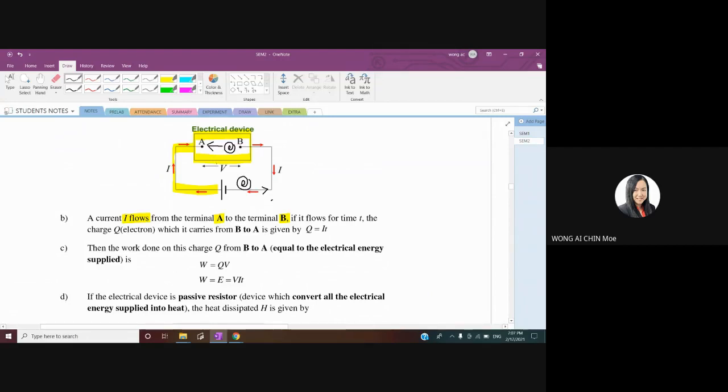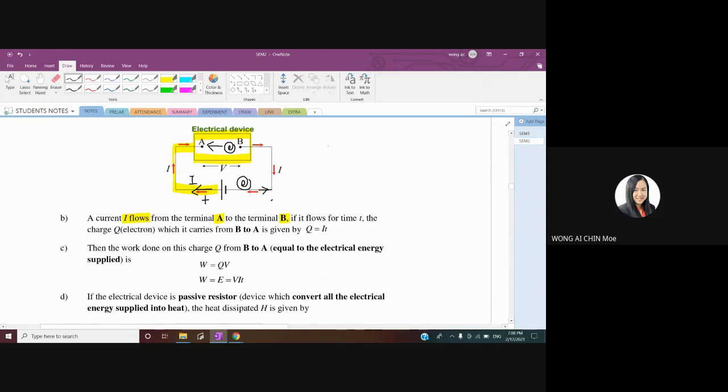So this is the difference between the current and the electrons. Current will flow from the positive terminal, coming out from the positive terminal of the battery, but electrons will come out from the negative terminal of the battery. If there is a current flowing through, meaning there is charge flowing from B to A, because electrons are attracted to the positive plate.